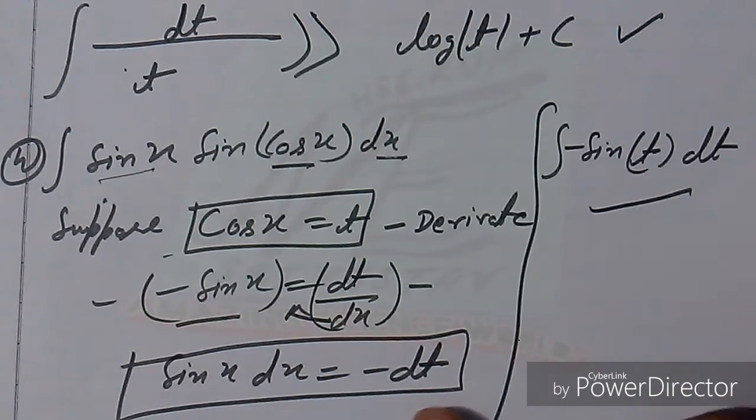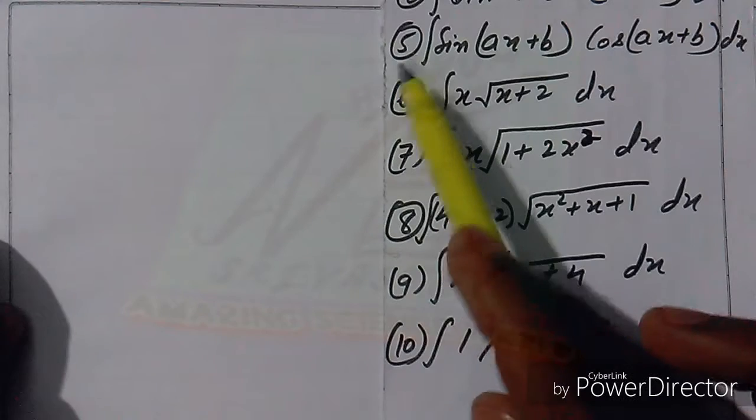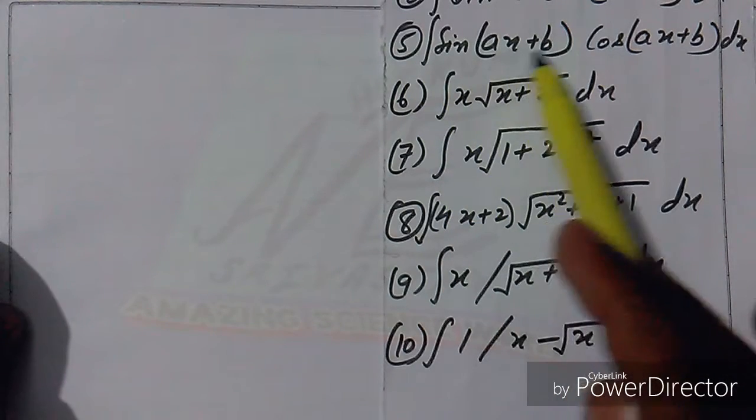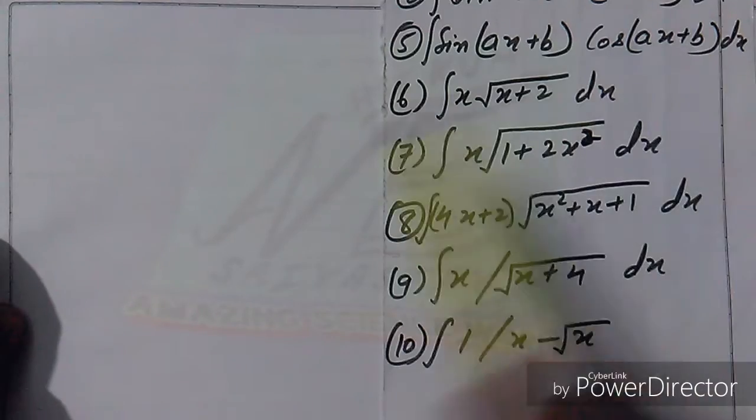Now we come to the fifth question. The fifth question is the integration of sin(ax plus b) cos(ax plus b).